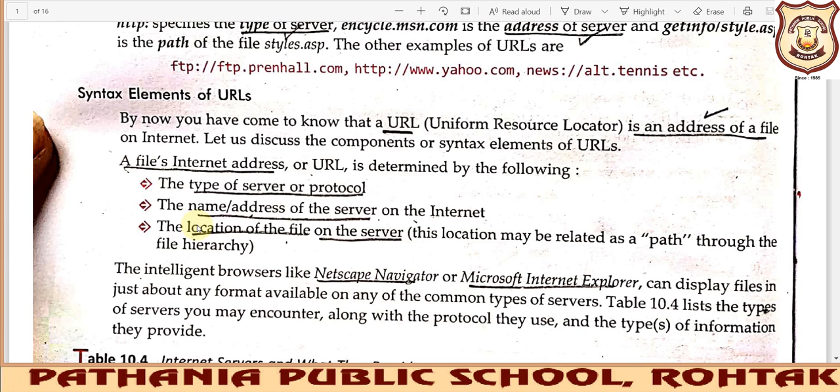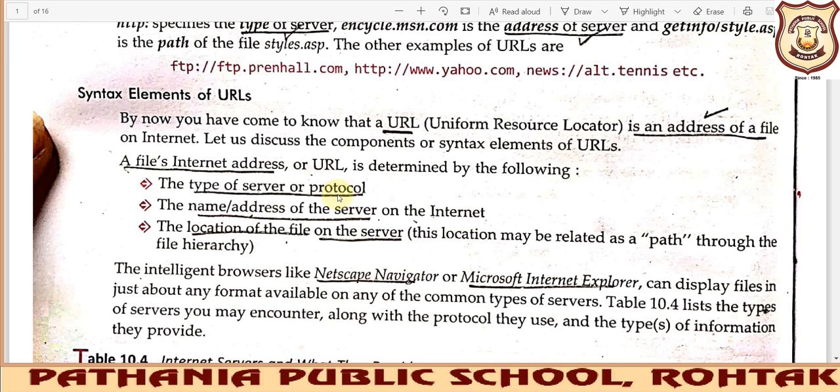Firstly you will write HTTP, then a colon, then two forward slashes, and then www.cbse. CBSE is your domain name, and then comes the rest that is required to reach the syllabus for class 12. The rest of the complete path will be known as the location of that syllabus file on that particular server. So there are three parts.